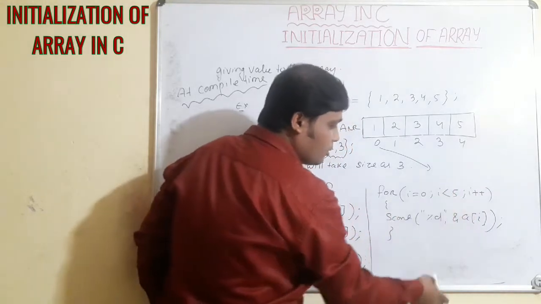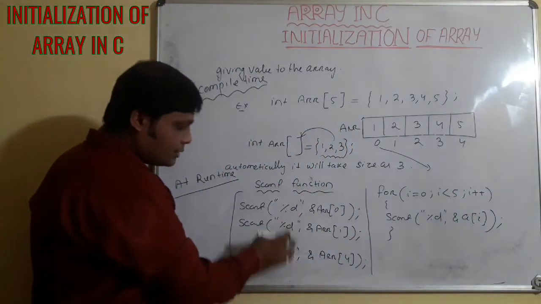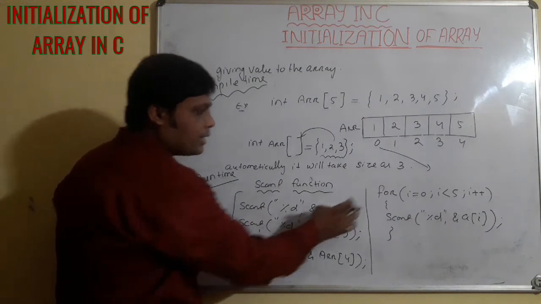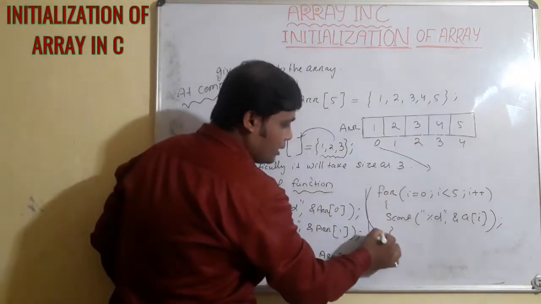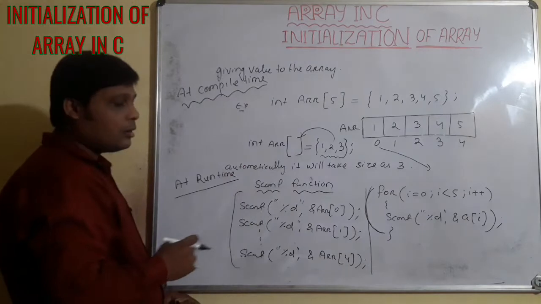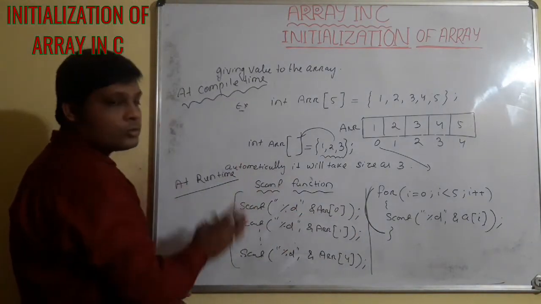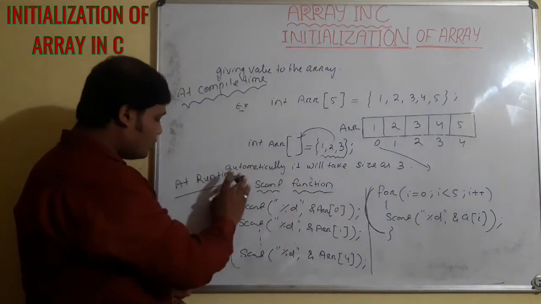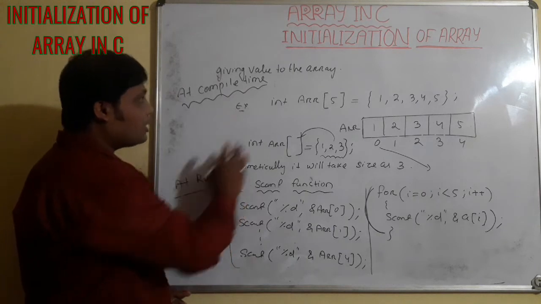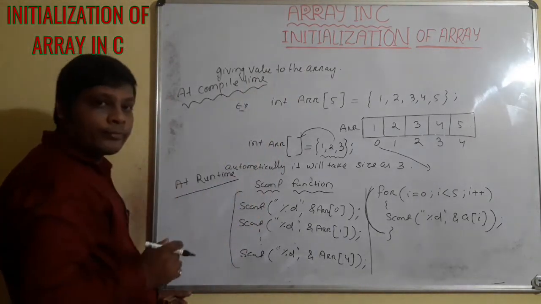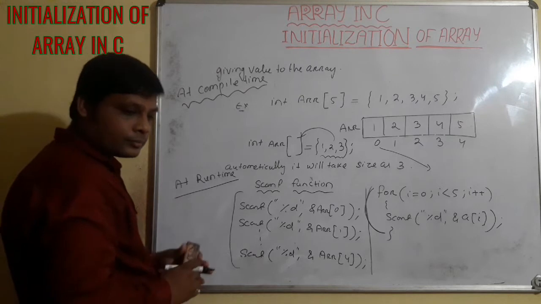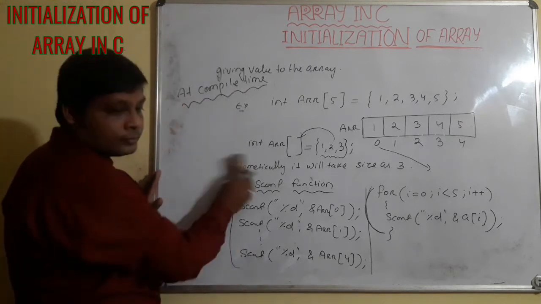When i value becomes 5, it will go out of the loop. So instead of writing these 5 lines, I can use one loop to input the values to the array. This is how we can input values to an array, or initialize an array at runtime. Clear? Now see.